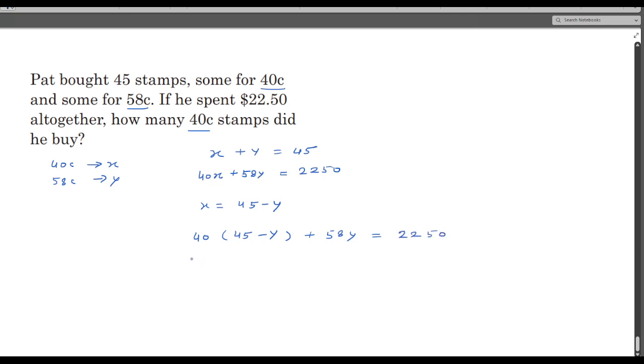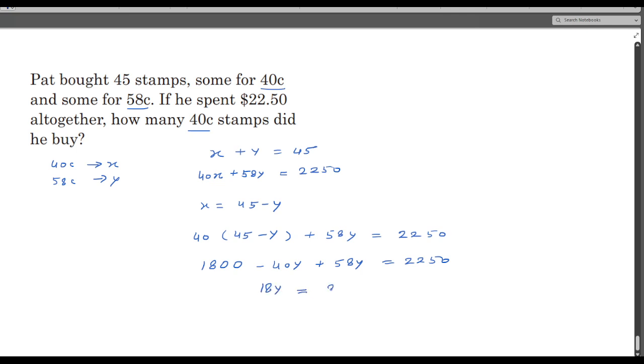Okay, so here 40 times 45 is what? 0 I will write as it is. Now 4 times 5, 20, 2; 4 times 4 is 16, plus 2, 18, so 1800, minus 40Y plus 58Y is equal to 2250. Okay, now minus 40 plus 58 is 18.